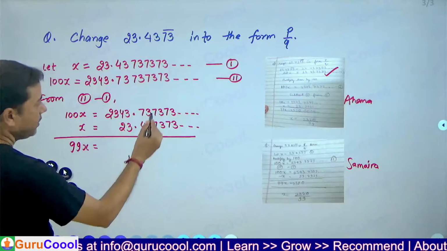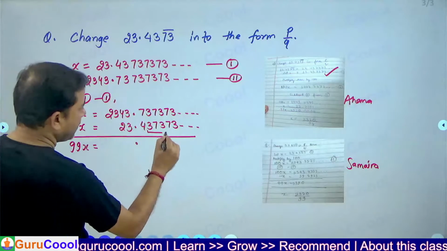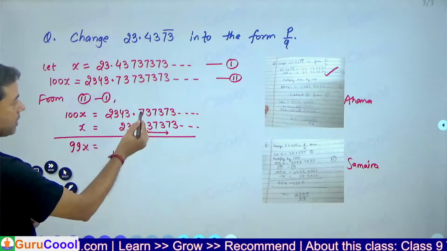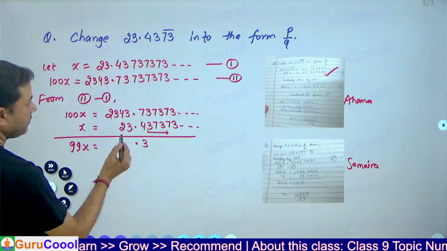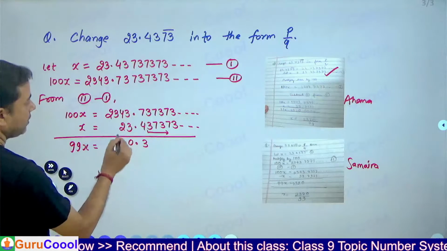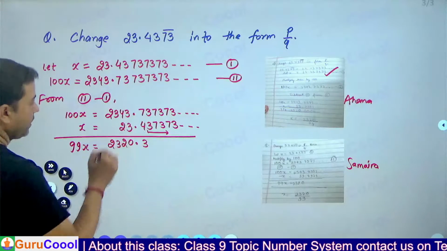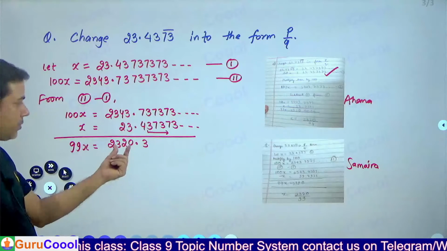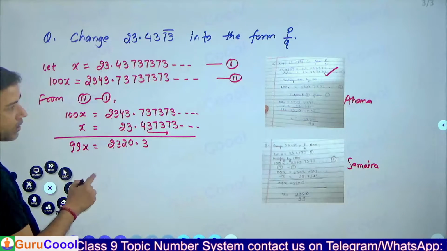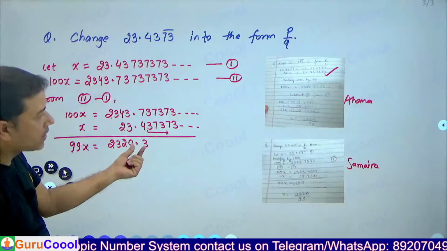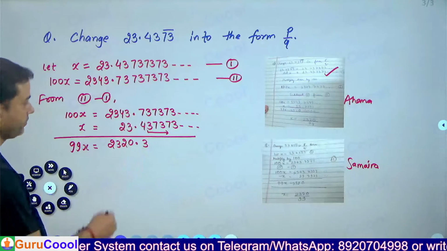Decimal here. This digit onwards will be everything 0. 7 minus 4 is 3. 3 minus 3, 0. 4 minus 2 is 2. 2, 3. So 2320.3. And I guess here is the mistake in your calculation, right?